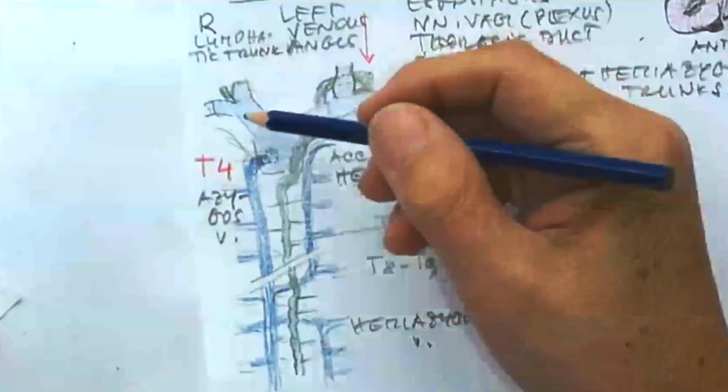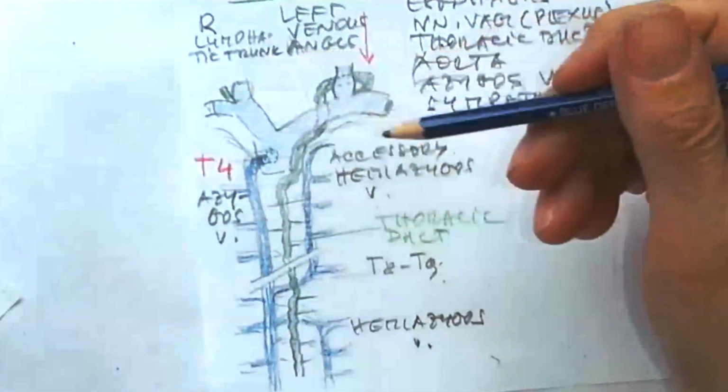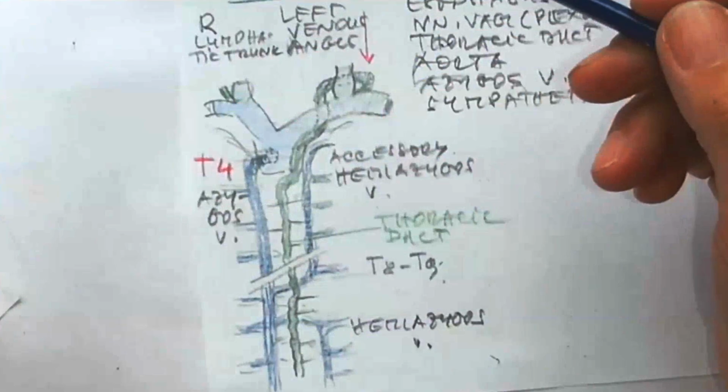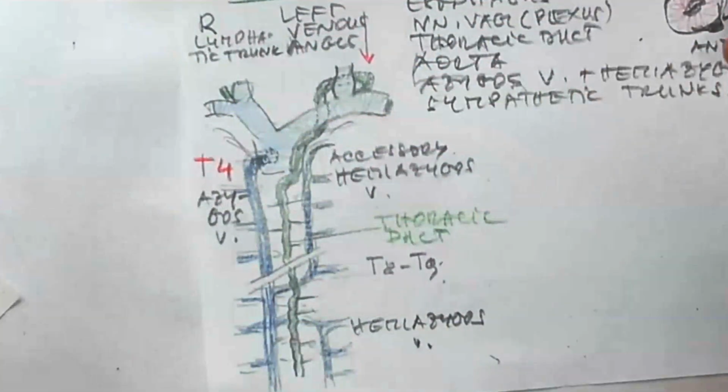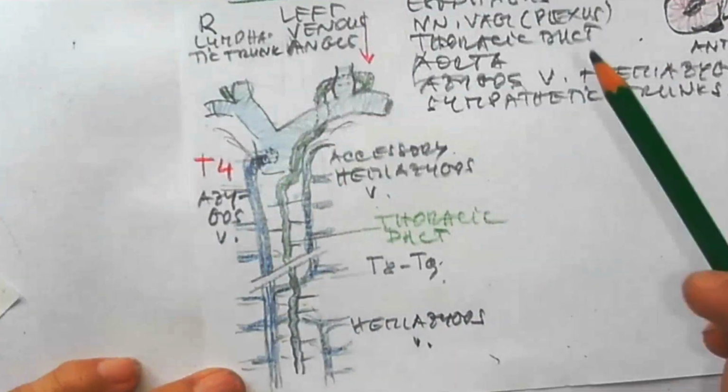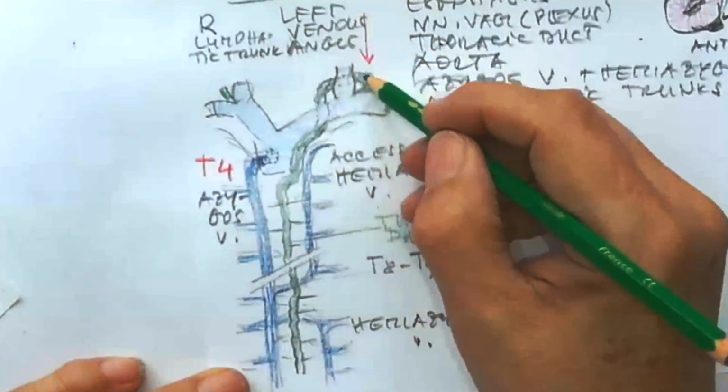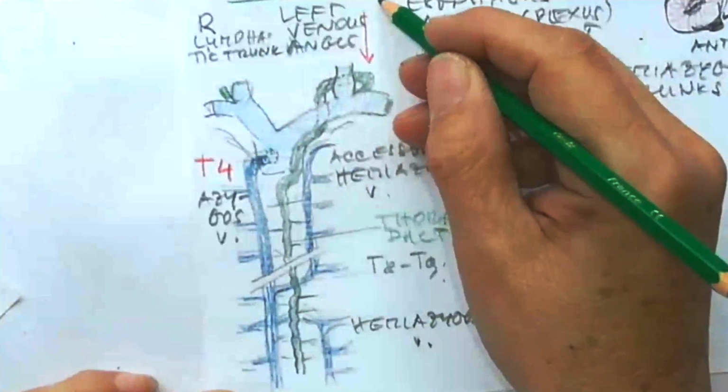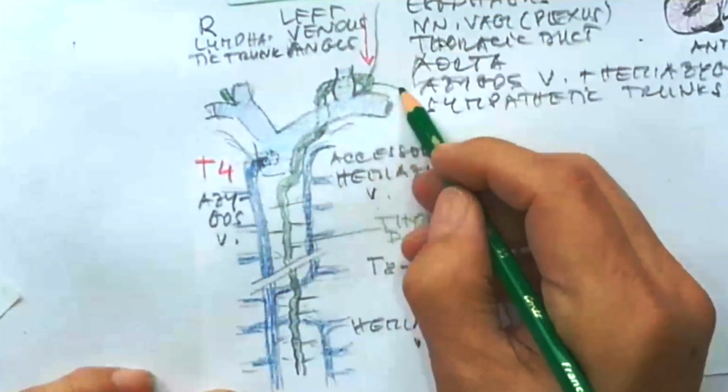And this duct drains only the right half of the head, right half of the neck, right lung, and right upper extremity. And then, just to be sure that we understand, this duct or trunk receives 3 other trunks.